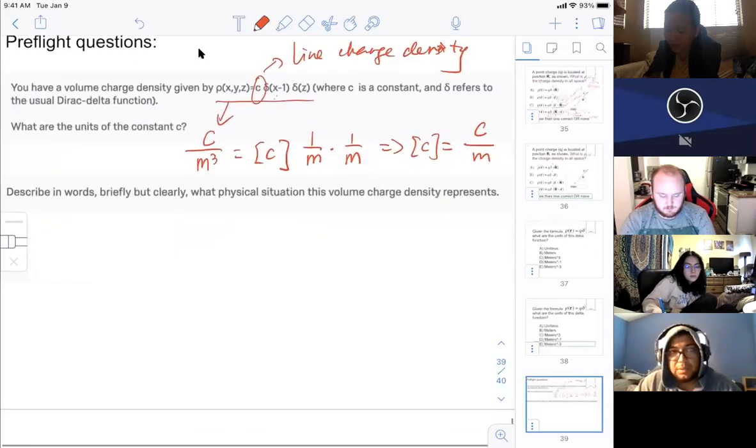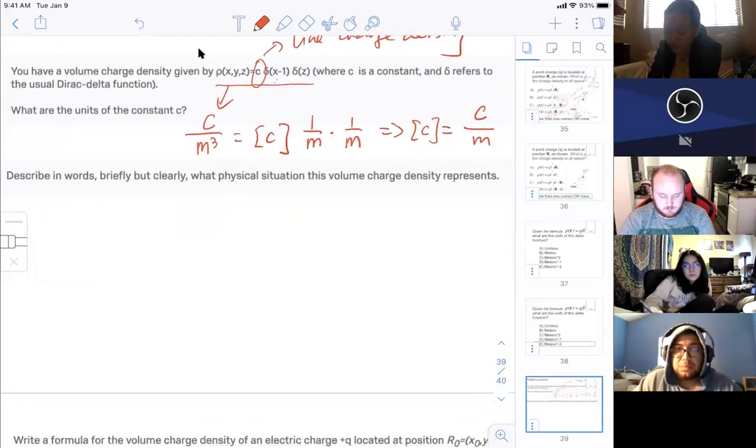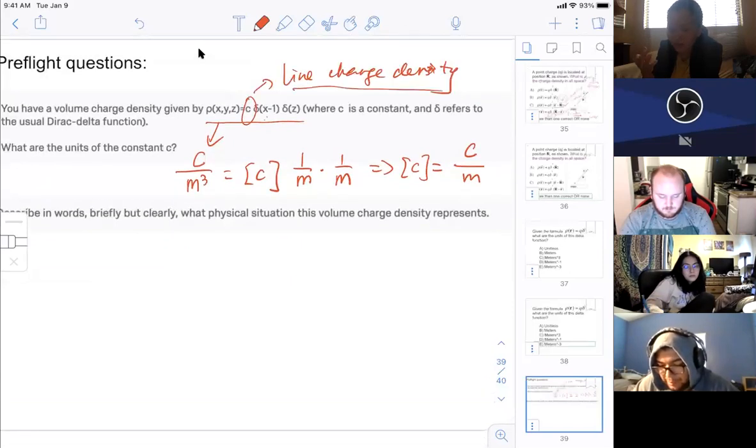And then, describing in words what physical situation this charge density represents. It is representing, first of all, a line charge, and it is at a certain location. Where is this line charge located? What do you think?